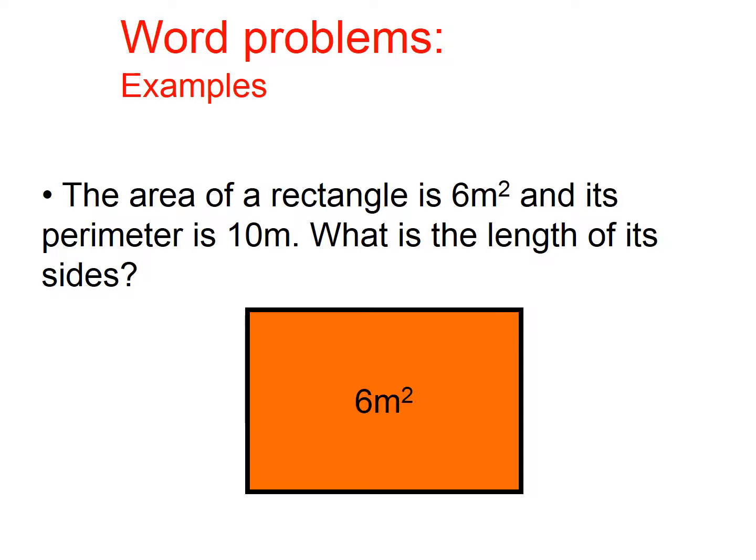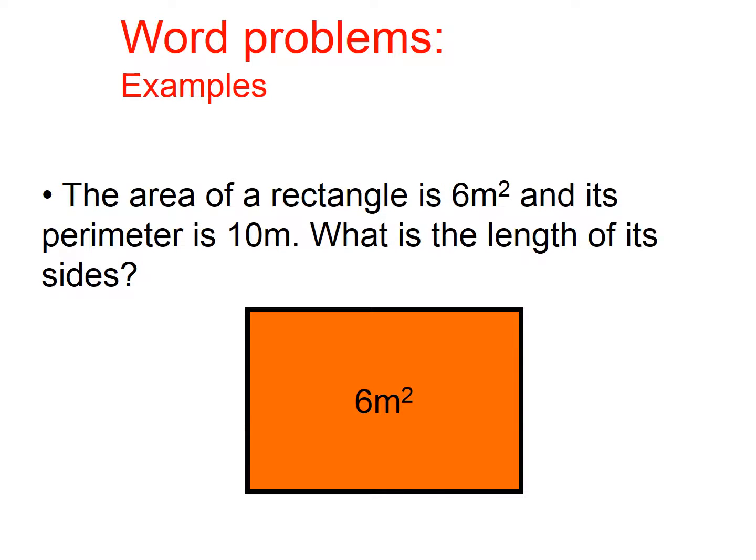So that means it has to be 2 and 3, and that is equal to 0. So that means that our answer is either going to be L equals plus 2 or L equals plus 3. So now we've solved for one of the variables.